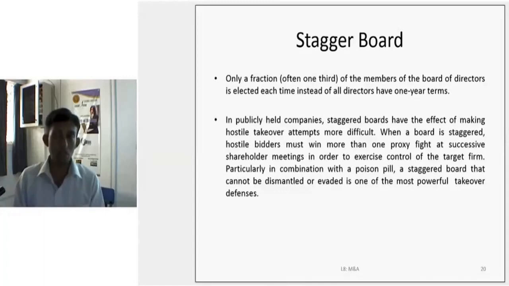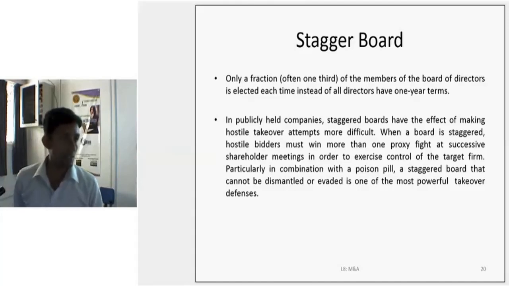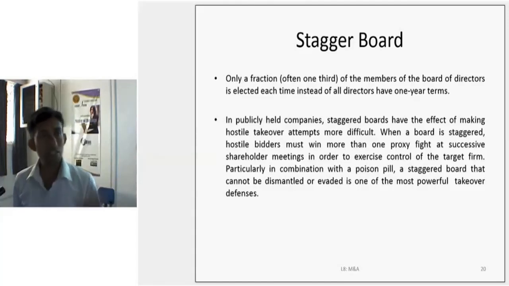So it slows down the acquisition and the merger process. Very simply, if I want to take over another firm, I need to speak to their management, the directors, and try to get the majority. Let's say one director holds 20% of the shares and another director holds 20%. Now these two directors are the key components.